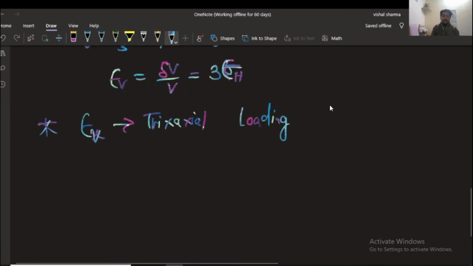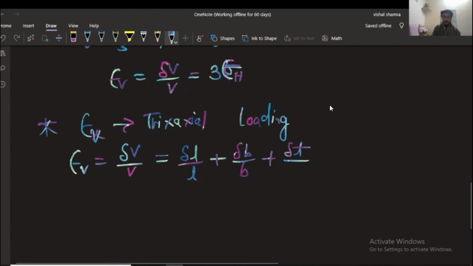In case of a triaxial loading, the volumetric strain, as we discussed above, is given by del V by V equals del L upon L plus del B upon B plus del T upon T, which equals strain in the x direction plus strain in the y direction plus strain in the z direction.